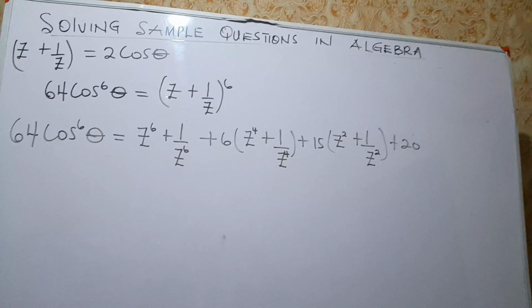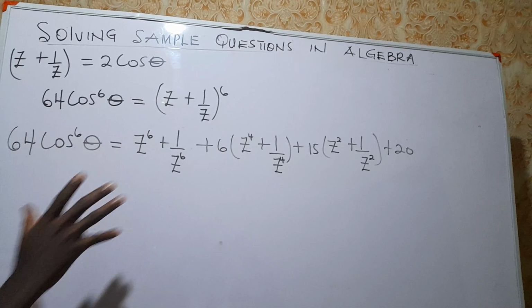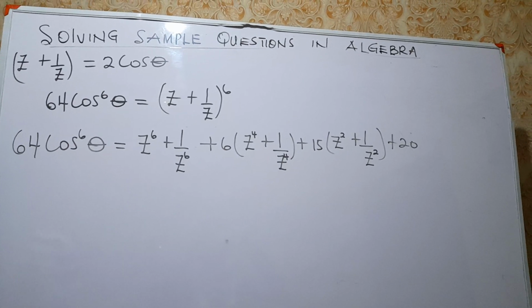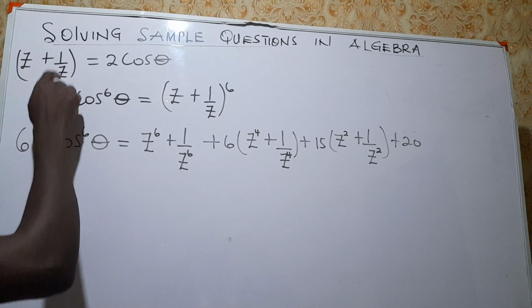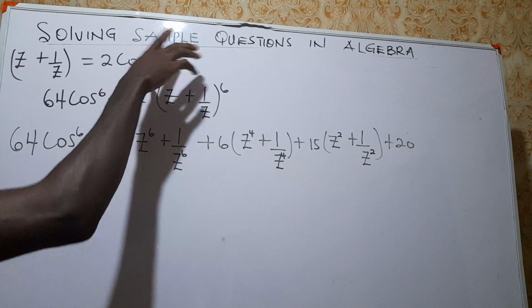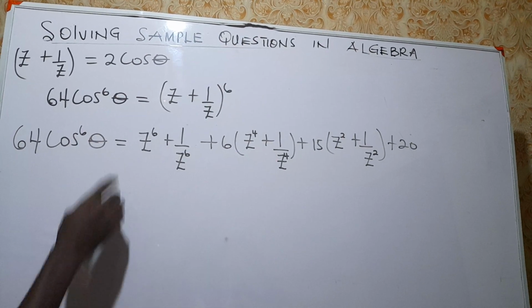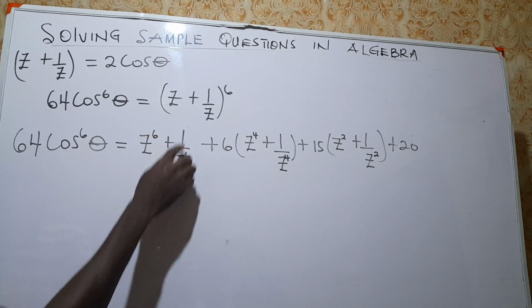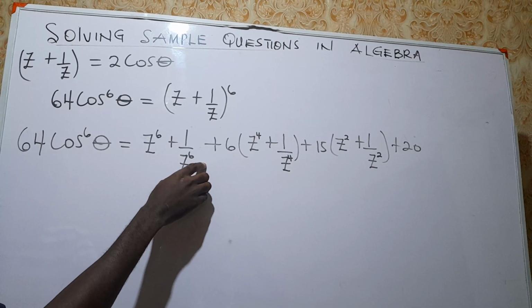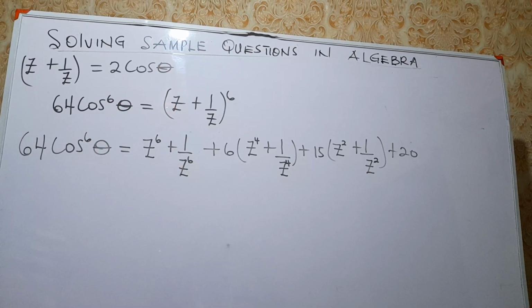So, since z was said to be a complex angle in the equation, and z plus 1 over z is equal to 2 cos theta, and I've established some fact for you, then we can say that z exponent 6 plus 1 over z exponent 6 will be 2 cos 6 theta.